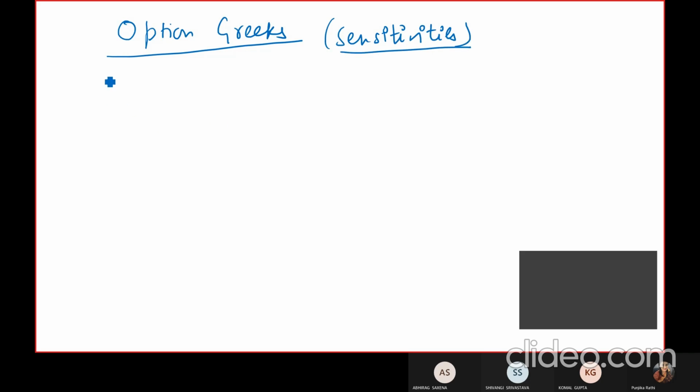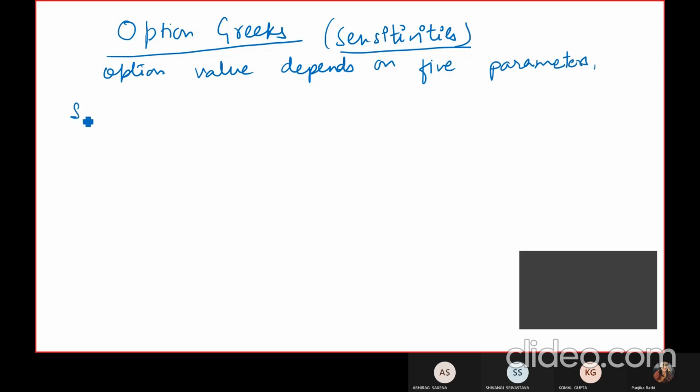So इसका मतलब क्या है? That option value depends on 5 parameters. We are saying Black-Scholes model में हमने देखा था ना that it depends on 5 parameters. What are those parameters? One is the spot value of underlying asset. Second is the exercise price, strike price.